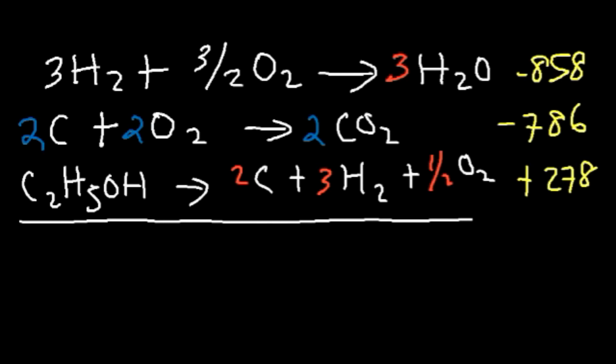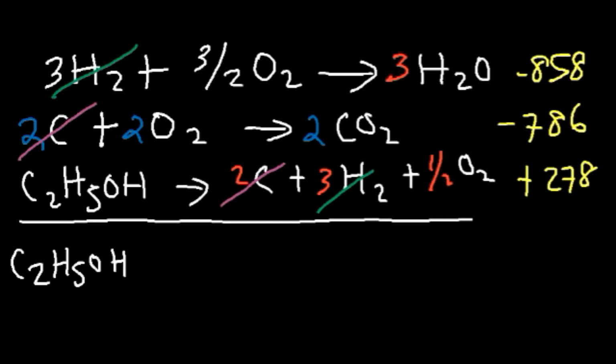So what we are going to do is add these 3 reactions. If we add them, notice that hydrogen cancels: 3 on the left side and 3 on the right, so they completely cancel in addition. Everything on the left is focused on the oxygen atoms.